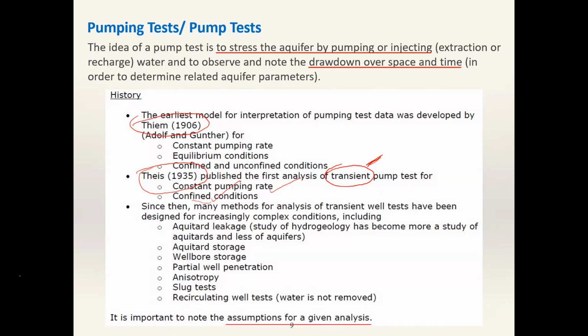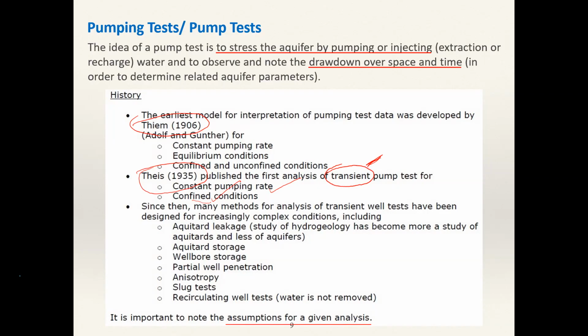Again, we assume that the aquifer is homogeneous. If it is not homogeneous, how is the heterogeneous case addressed? Also, we assume that the aquifer is isotropic. If it is an anisotropic aquifer, how is it handled? Like that, researchers developed several other analytical solutions to address these limitations.